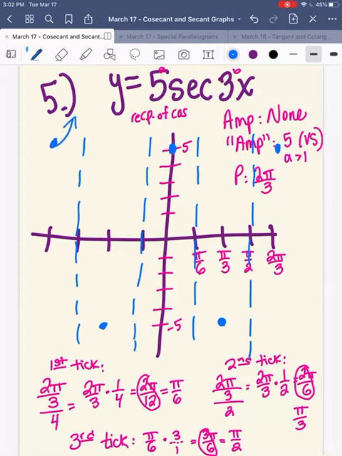And then we just make our parabolas, and we're done. I make it sound easy, but it's not necessarily the easiest thing. That is what yours should look like. I saw several people with the correct answers, but we have to be careful about labeling the tick marks and putting in the asymptotes.